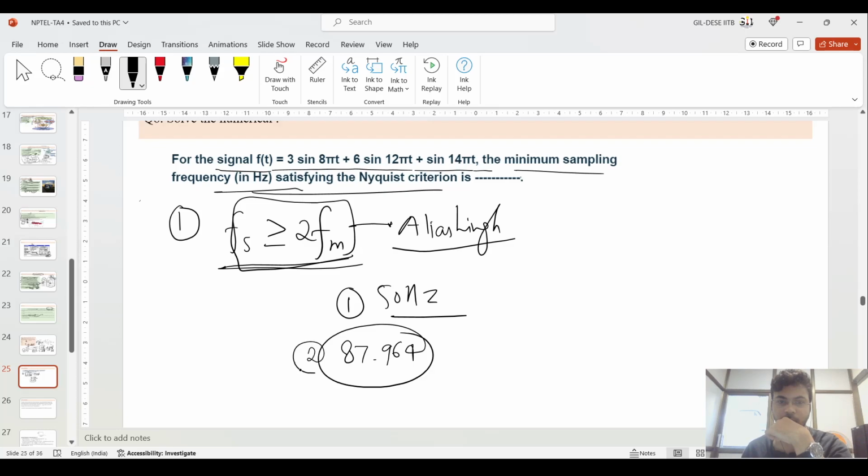Okay, Ritika has given 87.964. Second answer I have got, 87.964. Okay, anybody else?